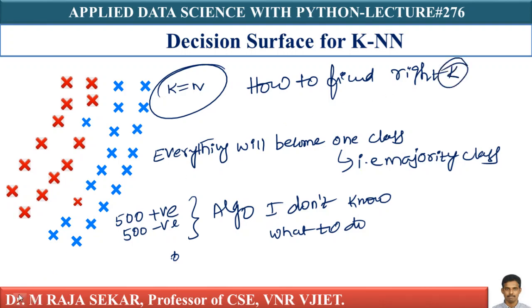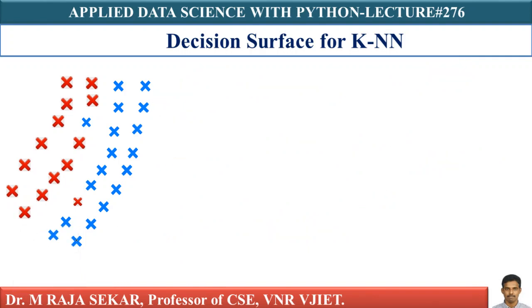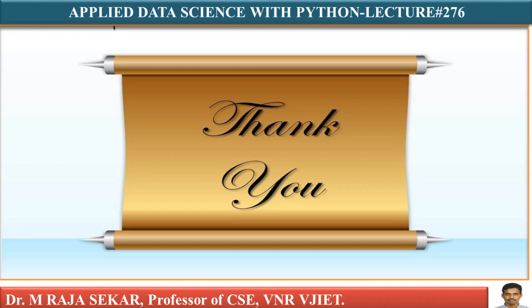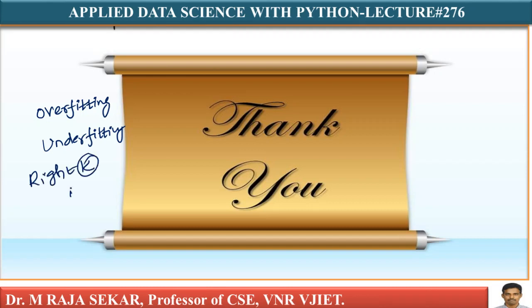For the time being, understand this extreme case, so that in my next lecture I will discuss a beautiful concept in machine learning known as overfitting and underfitting. We will try to understand this concept. Then after a few lectures I will explain how to find the right k in KNN. Thank you very much.